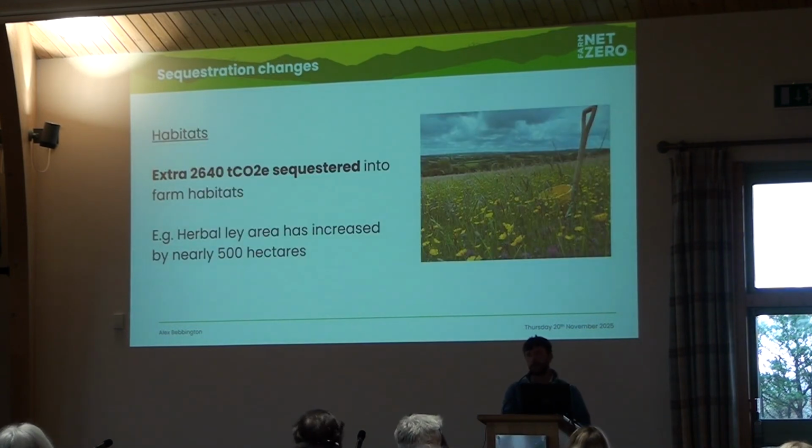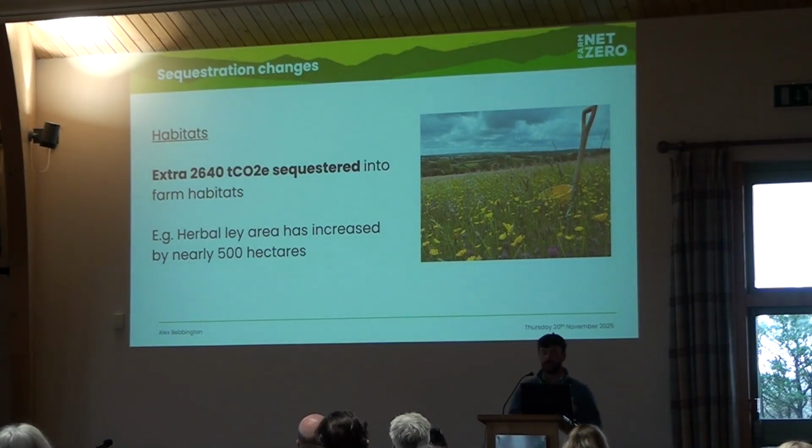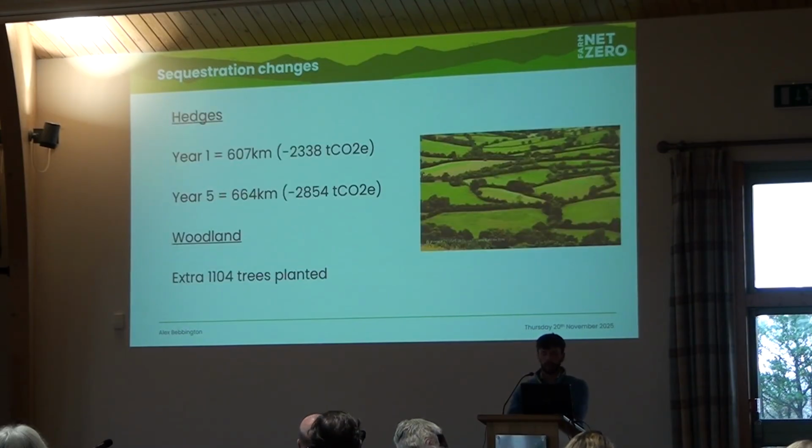On the other side of the footprints, we've got sequestration. So we've got an extra 2,640 tonnes of carbon sequestered into on-farm habitats as measured using Natural England's standardised datasets for countryside stewardship habitats. For example, we've got an extra 500 hectares of herbal ley from the start to the end of the project. We have an extra 57 kilometres of hedgerows on your farms.